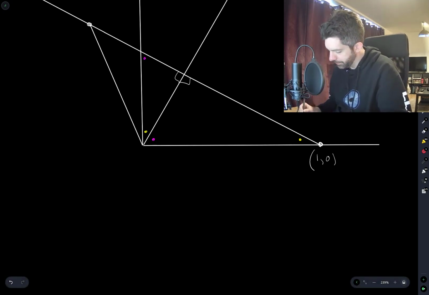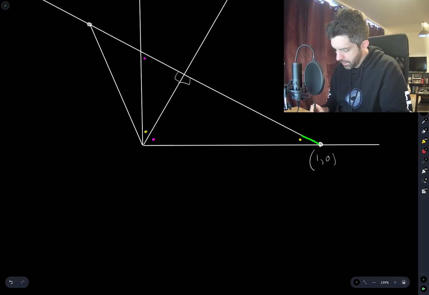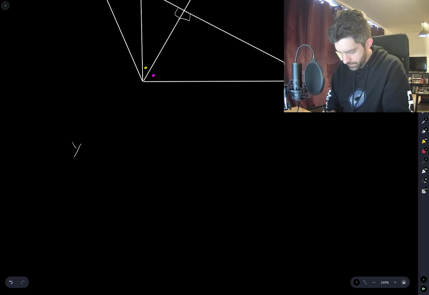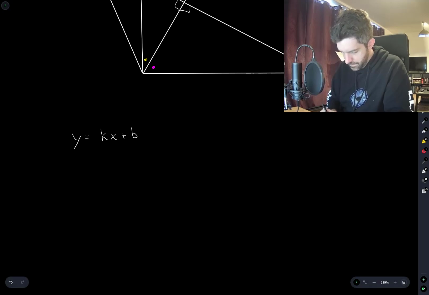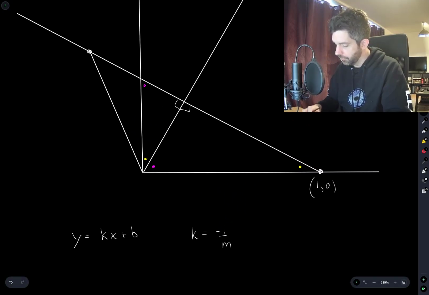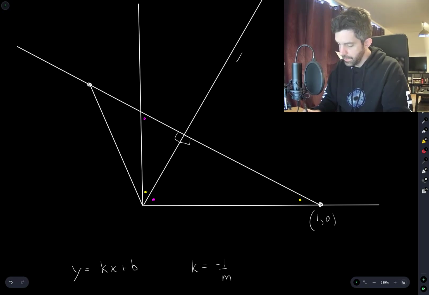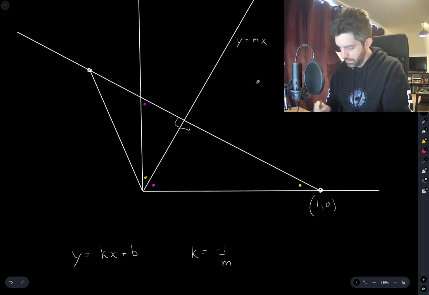Okay, so here's what I might do. I'm going to find the equation of this straight line. That shouldn't be too hard. First we know that the slope of that line is the negative reciprocal of the slope of the original line. The original line here has a slope of m, so the slope of the new line is negative 1 over m.